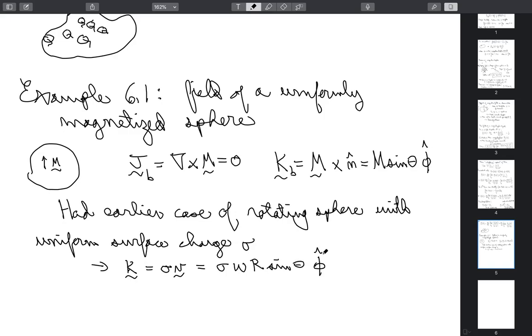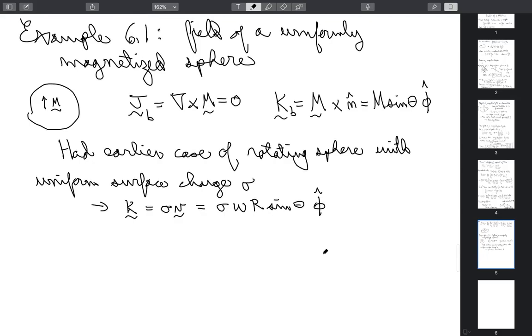So you see, it's the same problem. So same under the identification that sigma r omega is equal to the magnetization amplitude m.